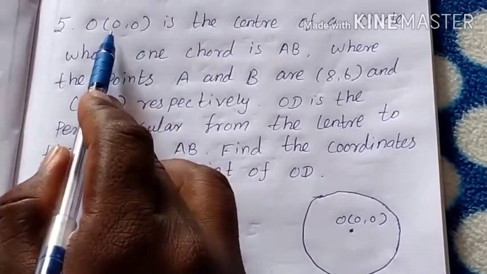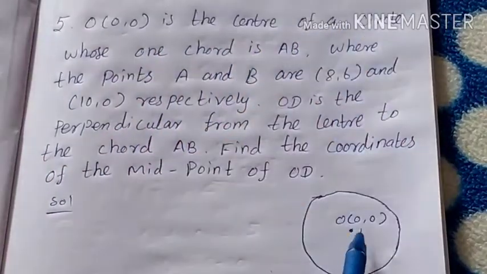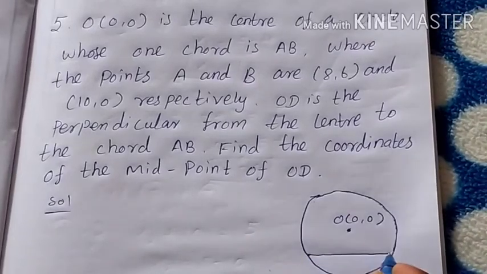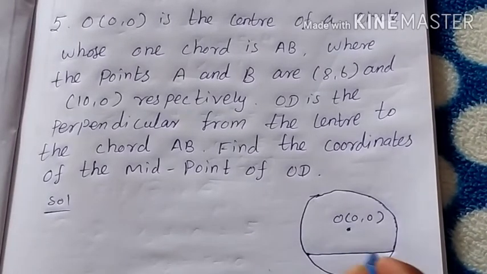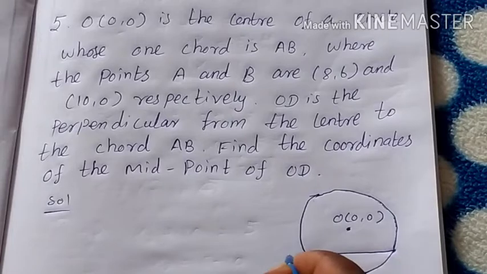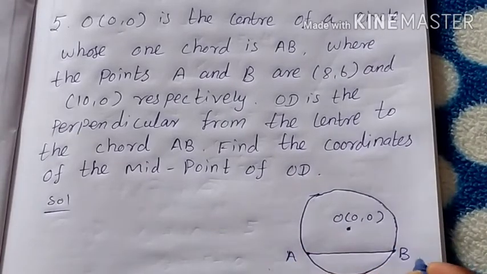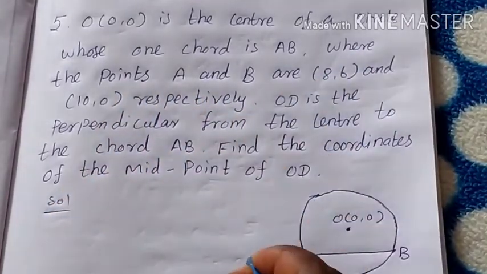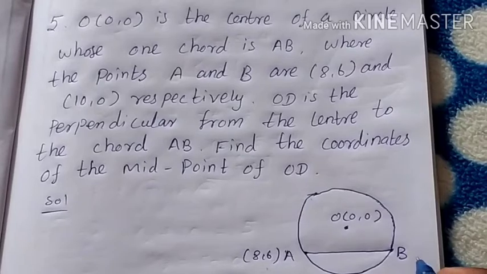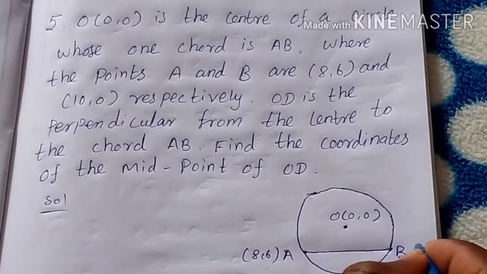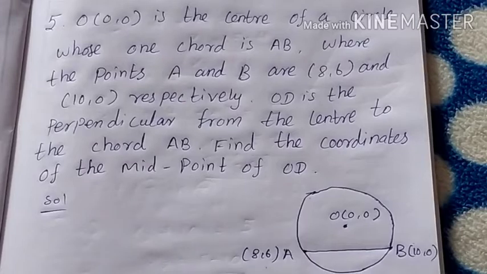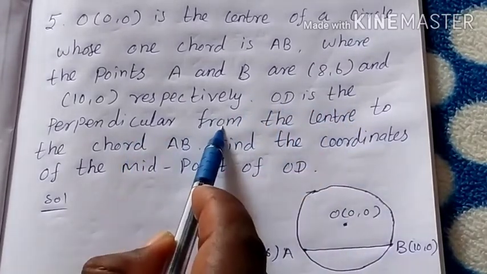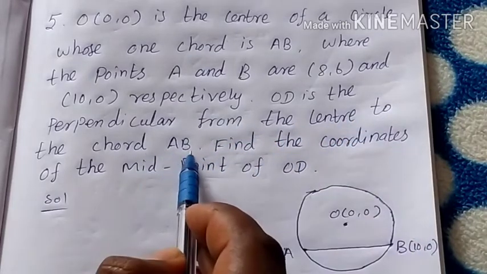Draw a chord joining two endpoints on the circle, namely A and B, where point A is (8, 6) and point B is (10, 0). Then OD is the perpendicular from the center to the chord AB.